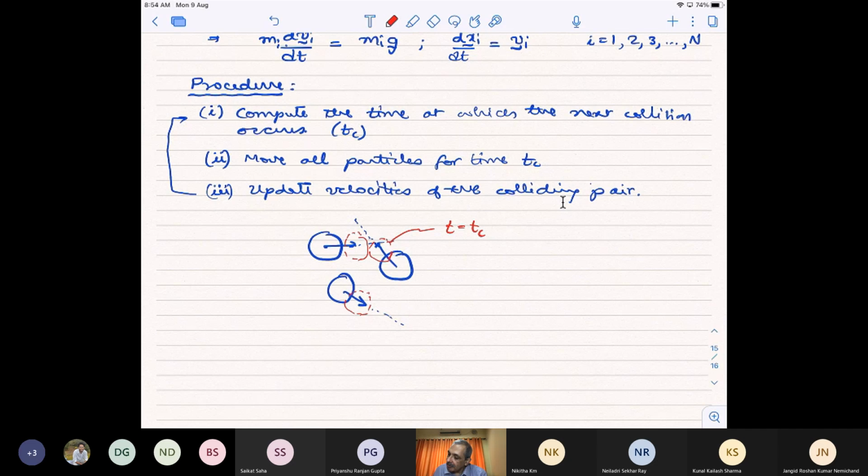And now since these particles have collided, they will have new velocities. They will no longer be moving in the direction of the arrows shown, but they will move in some new direction. So we have to calculate the new velocities. So this is the procedure.